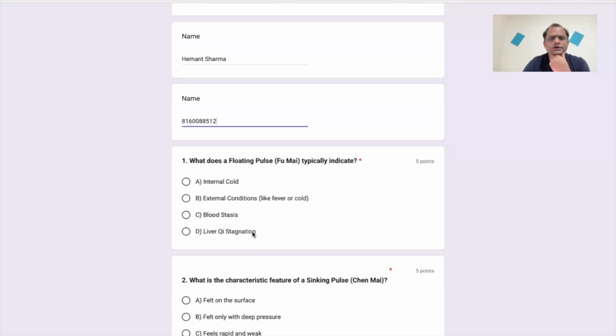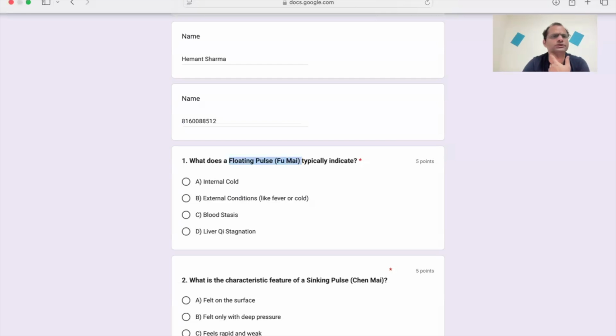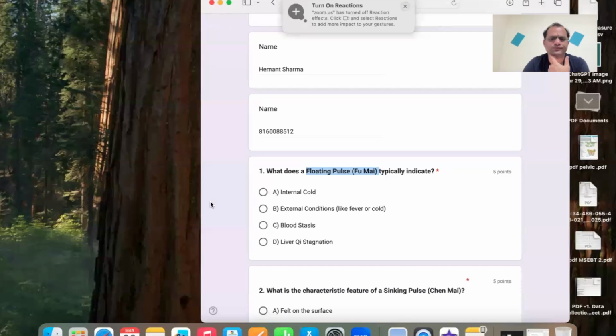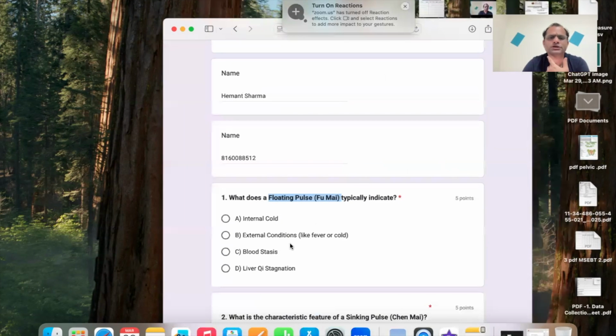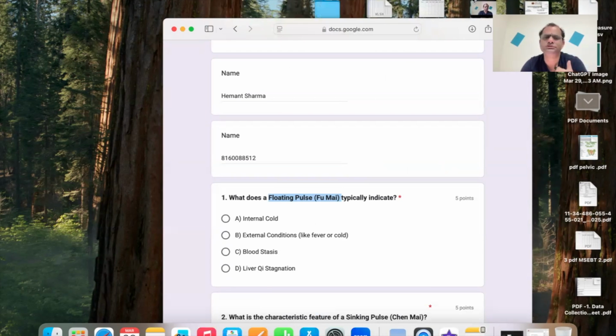What does a floating pulse typically indicate? What do you answer? External conditions, sir. So the floating pulse means external condition. Okay. And what is the meaning of external condition?